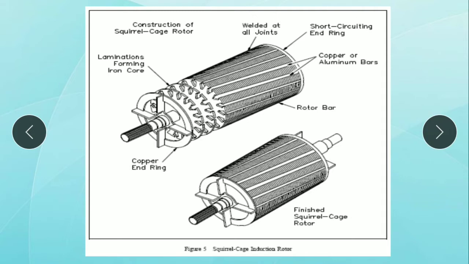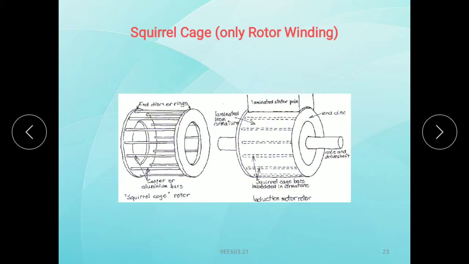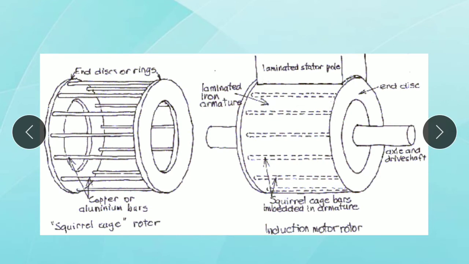So now this is the finished squirrel cage rotor. This is the squirrel cage rotor winding only. Copper or aluminum bars, laminated iron armature.